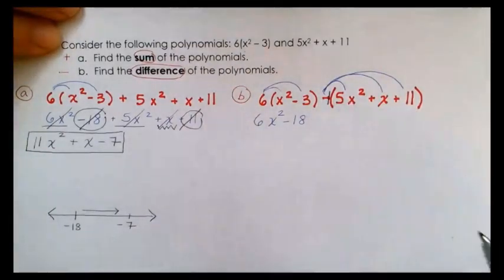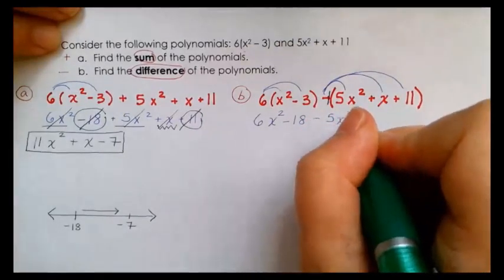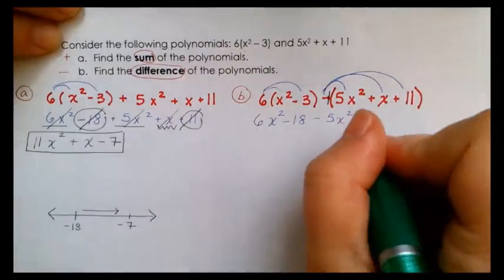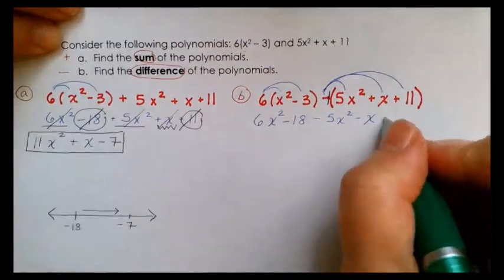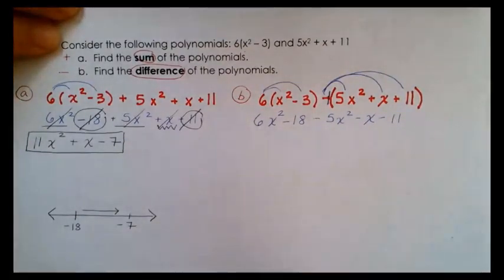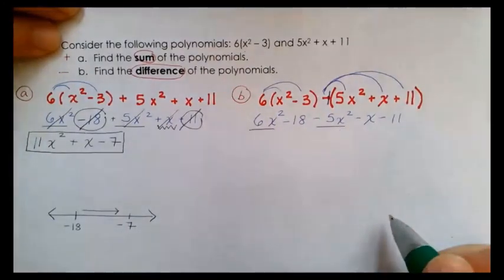So negative 1 times 5x squared is negative 5x squared. Negative 1 times a positive x, you're going to get a negative x. Negative 1 times a positive 11 is a negative 11. And now, we're going to start combining like terms. So again, start with the largest degree. We have our 6x squared and our negative 5x squared.